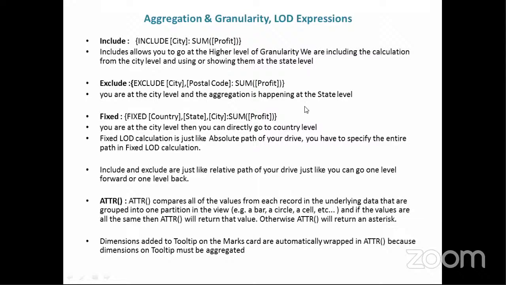Let's say you have the map of any country, but you don't want the aggregation at the country level. For example, if you have India's map, and within India, how many COVID vaccines are distributed, or how many are produced and how many are used.